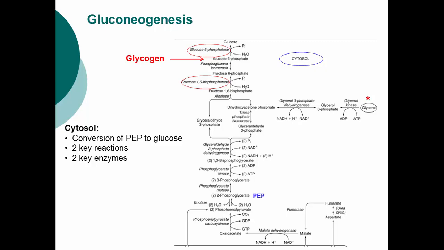So again, if glycerol is the precursor, it can first be phosphorylated to glycerol 3-phosphate, and then converted to dihydroxyacetone phosphate, right? And then back to fructose 1,6-bisphosphate. That's why glycerol is only involved in the last two key reactions in gluconeogenesis for making glucose.